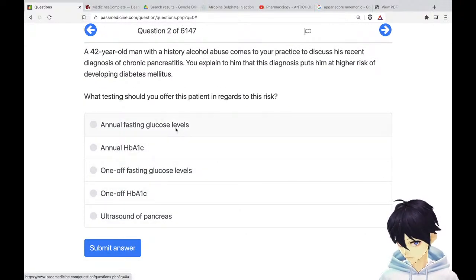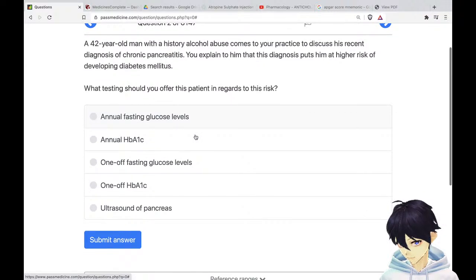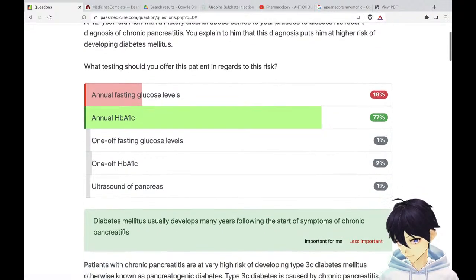So it's either HbA1c or blood glucose. Which one is used for screening? I'm gonna go for fasting glucose. We'll see. The answer is HbA1c.